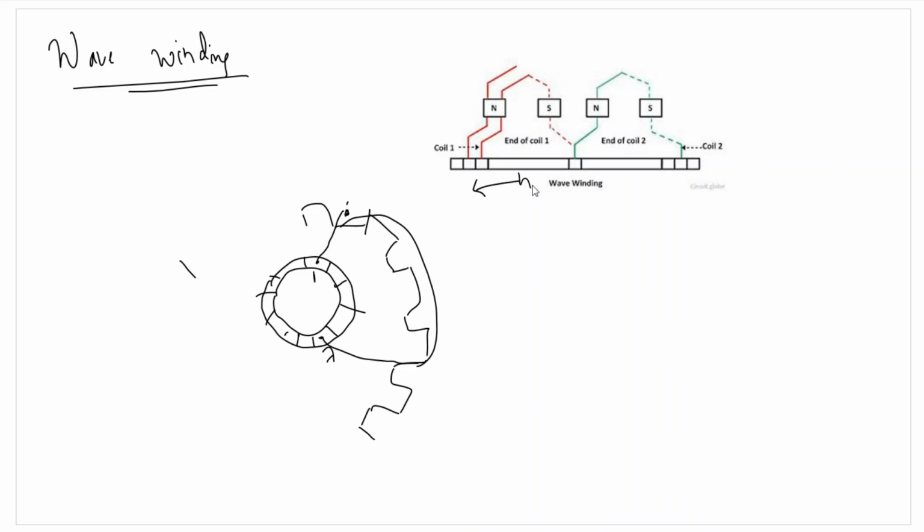So this results in the coils being arranged in a wave pattern. The coils do not get overlapped with each other. That's why the name wave winding. Also, in this case the number of parallel paths will be only 2.